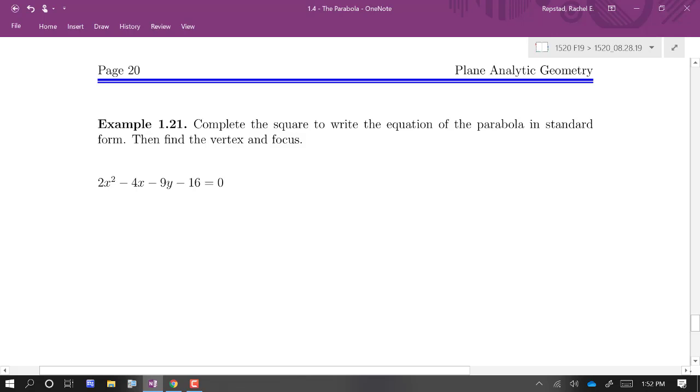Now, with a parabola, only one variable is squared, so you are only going to complete the square in one variable. In this case, I'm going to take the x squared and group the x's with it. Anything that's not the x squared or the x, I'm going to throw over on the other side. So we'll add 9y and add 16.